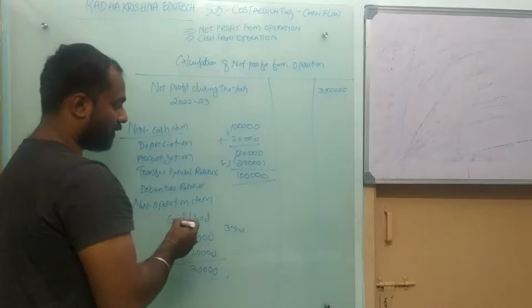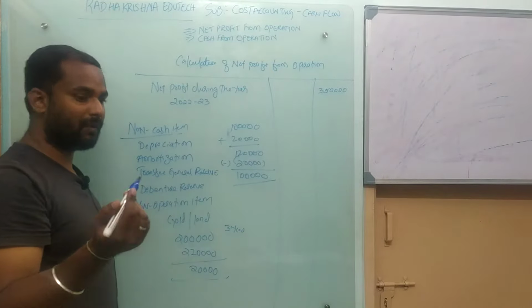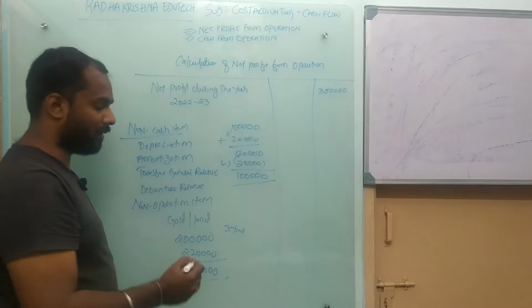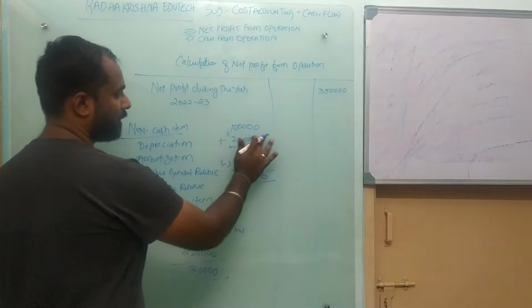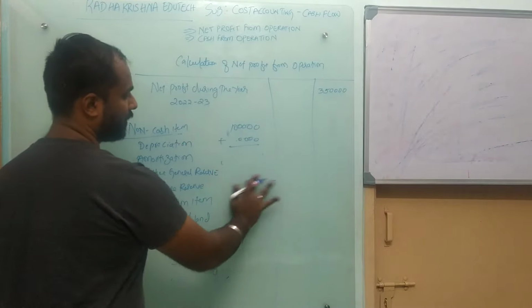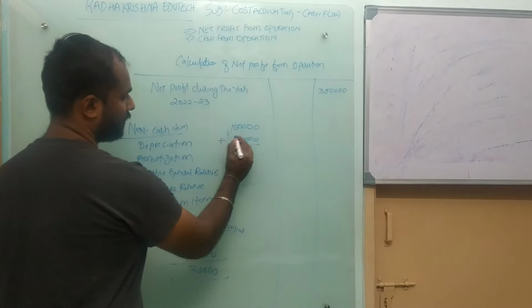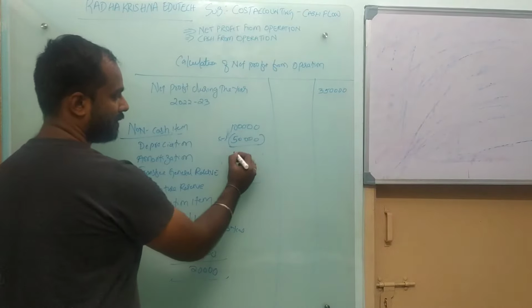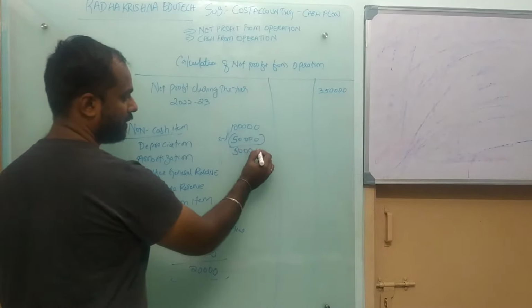In case you have a loss on this investment, say you have incurred a loss of 50,000 rupees, you would have reduced the 50,000 from your actual profit and shown that as your net profit.